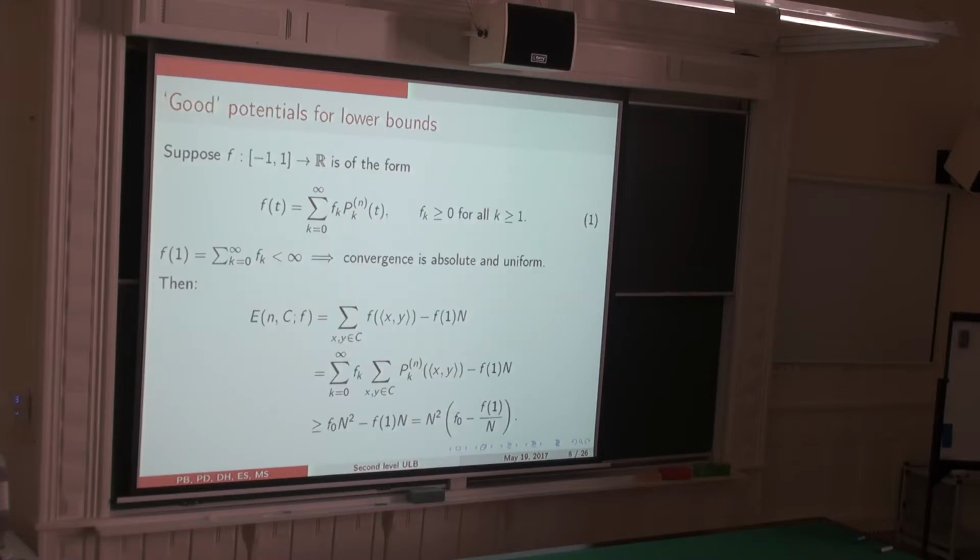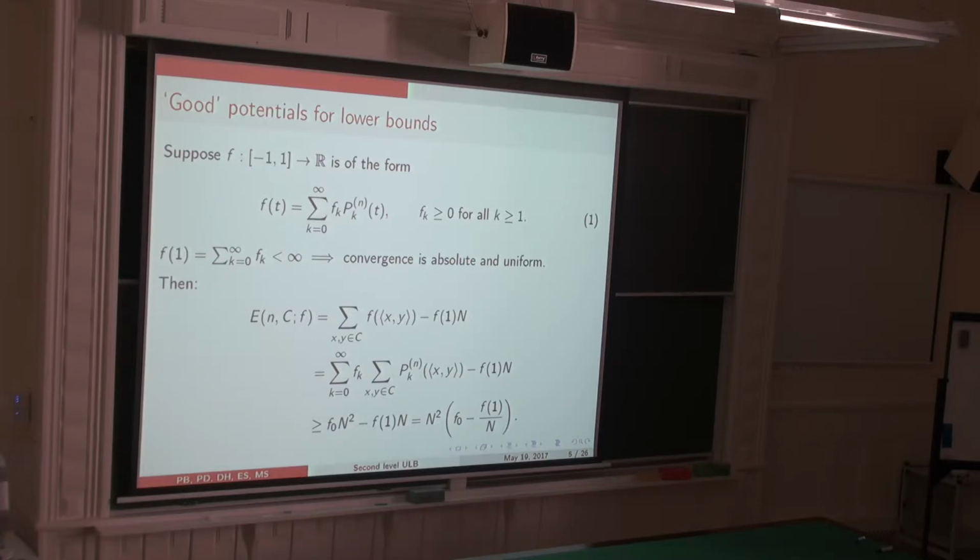And then here's how the error bound can be derived, the Delsarte-Yudin method. So the Riesz potential can be the underlying potential. We want good potentials for lower bounds that are below that h potential.